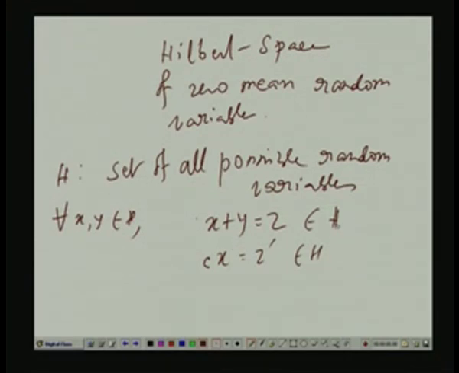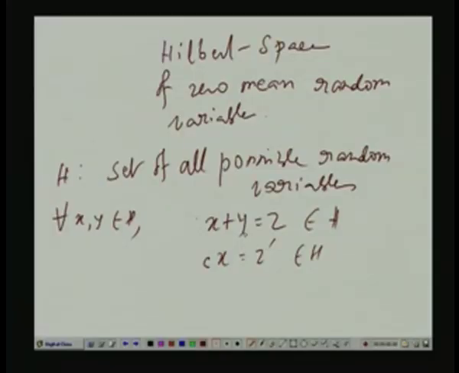In each trial, whatever value x takes gets multiplied by C, and that is the value assigned to z prime for that trial. That is the physical meaning. Obviously, z prime also should belong to H, because H consists of all possible 0 mean random variables. Mean is always 0 in all these operations.